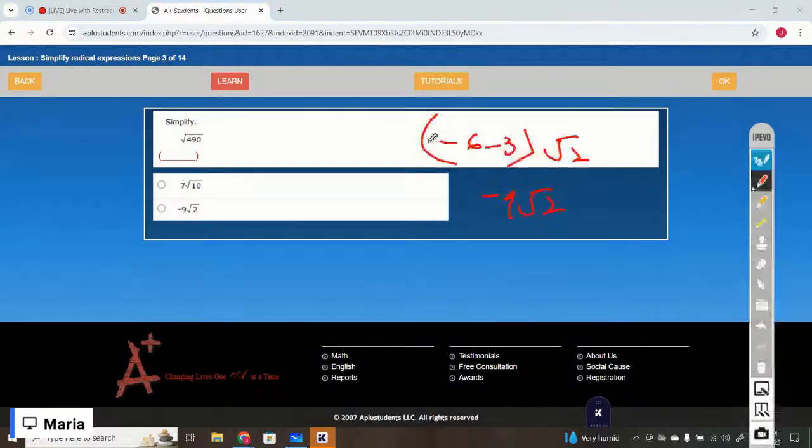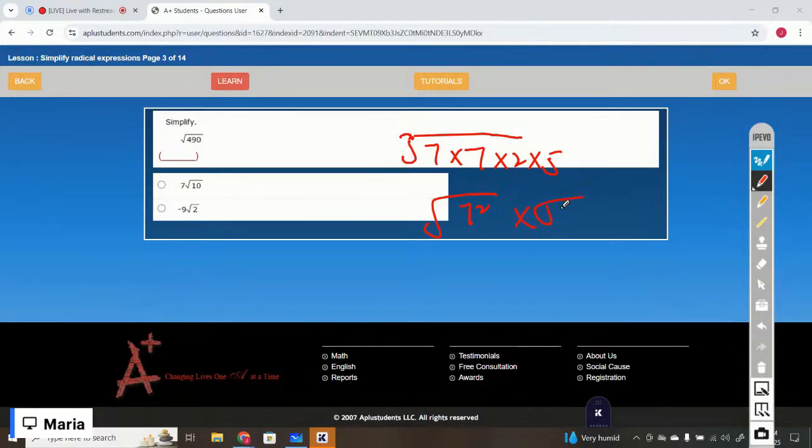Square root 490. Let's just make the factors. 7 times 7 is 49. 2 times 5 is 10. That is 7 square root 10.